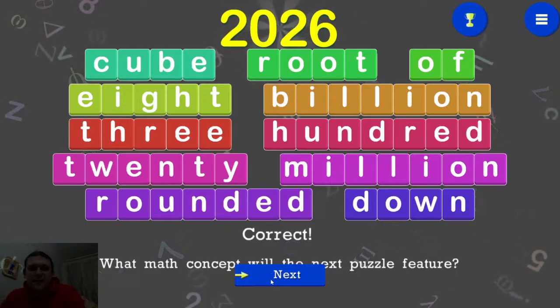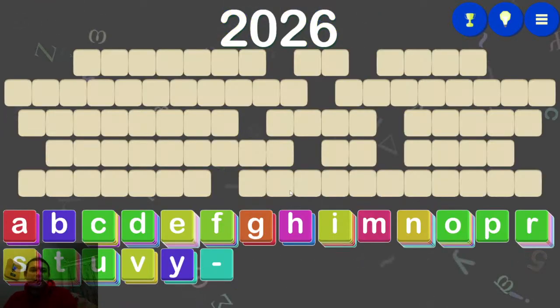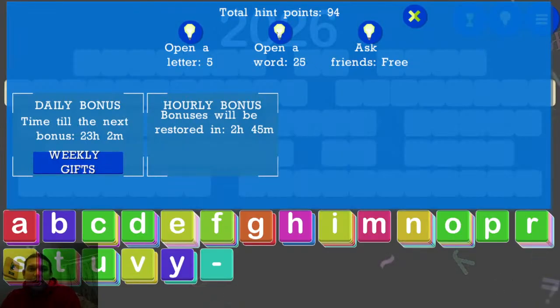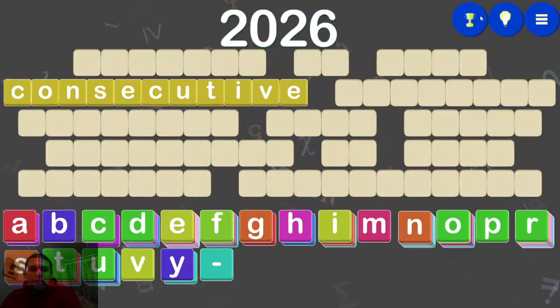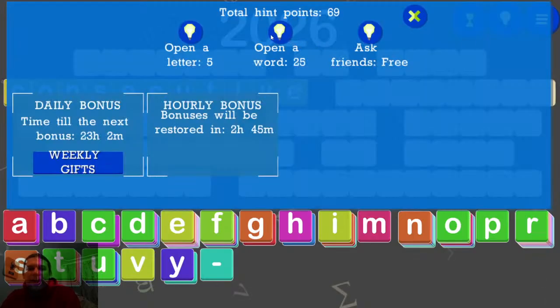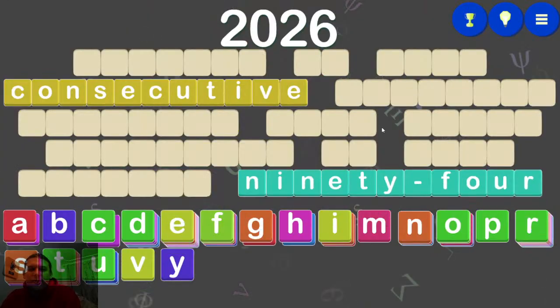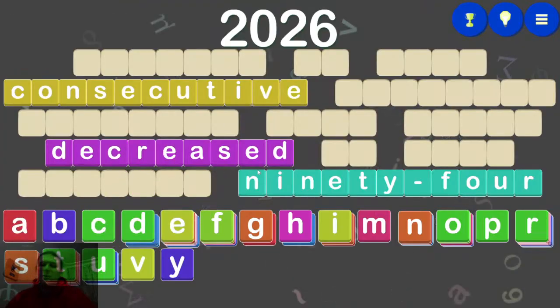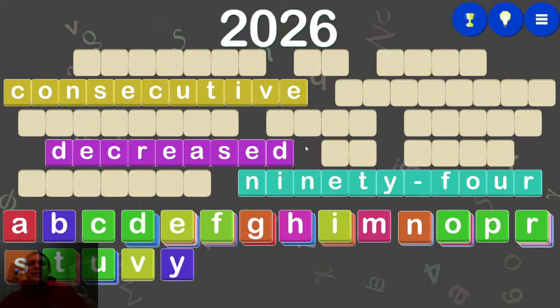So this is another solution. So let's use our remaining, we can unlock 3 words. Consecutive. Oh, yeah. So what is the biggest? 94. All right. And we have decreased. Wow. All those mathematical words.